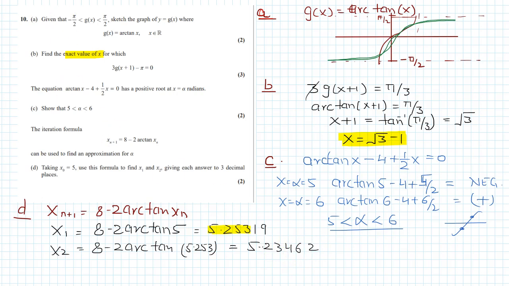Up to 3 places of decimal, this is 5.235. So the answer is going to be this.